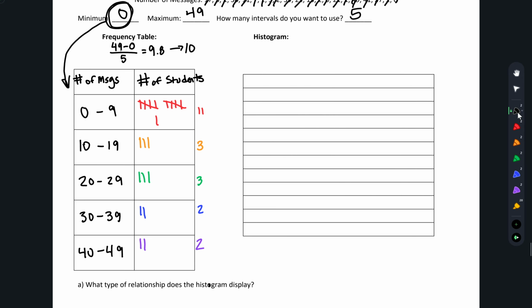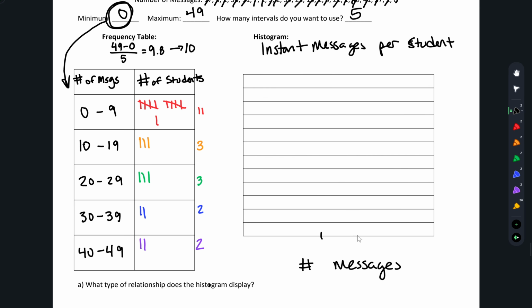For our histogram, it needs a name first. So let's call this Instant Messages per Student, or something like that. I guess it should be capital. My intervals are going to go on the bottom. So that's going to be number of messages. I have 5 of them, so let's see if we can split my graph into 5 sections. That's close enough.